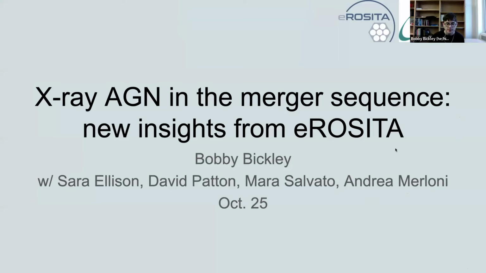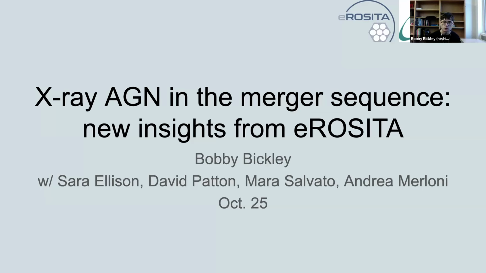Yeah, so as suggested by the abstract and title in the email that went around, I'm going to be talking about some very new results that I have looking at X-ray AGN in the galaxy merger sequence. This is springboarding off of a couple other projects that I've worked on over the course of my PhD. The first piece of that is post-merger identification, and I'll talk a little bit about the process of doing that and why that's an important part of this study.